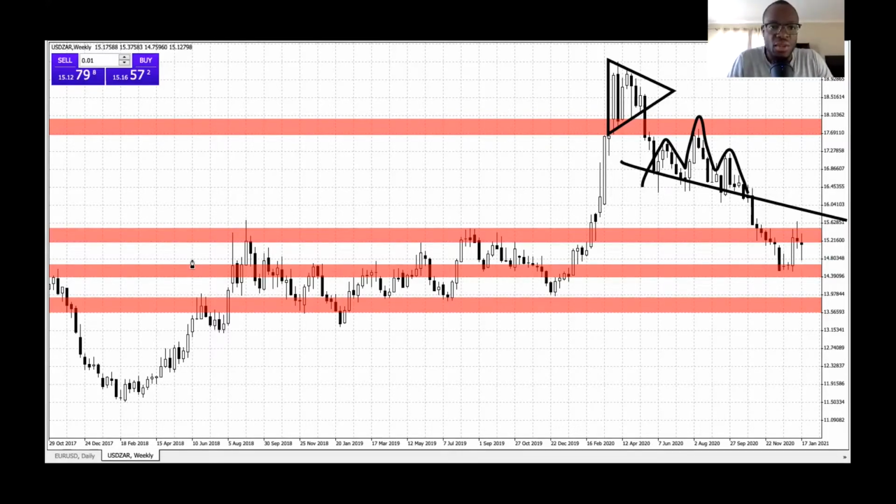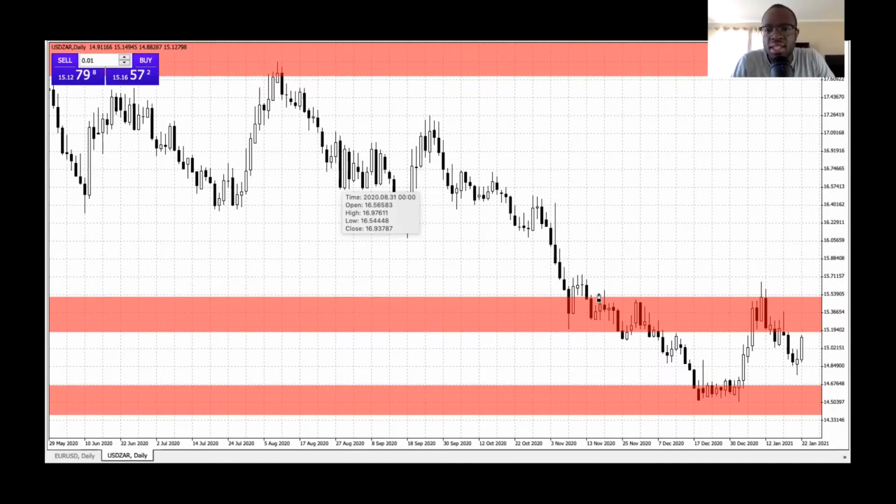Now we move on to the daily chart. On the daily chart, what we can establish is that the price successfully retested this zone. Since the price has been making a series of lower highs and lower lows, it has established a bearish trend, and this zone has successfully held as a resistance zone.